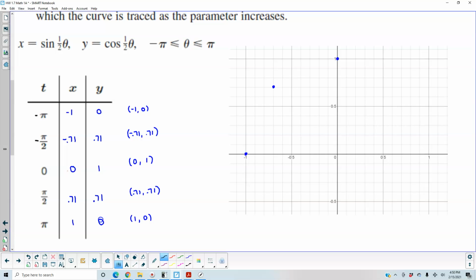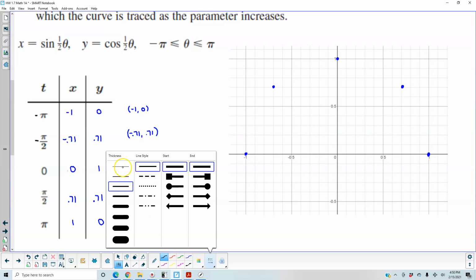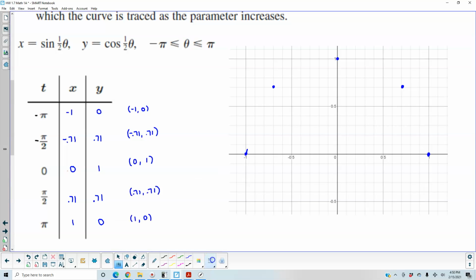And we have 0.71 and positive 0.71. That's right about there. And then we have 1, 0. So now we're going to go ahead and connect our points.